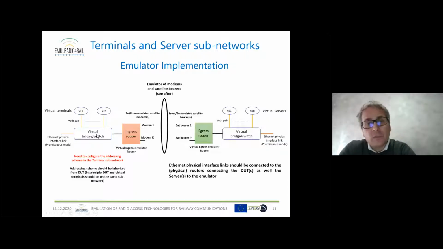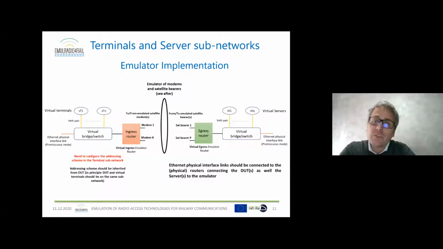They are connected to a virtual bridge or switch, also using Ethernet physical interfaces on the left with eventually other equipment. These virtual terminals are connected on the right to the ingress router, able to be connected to different modems, modem 1 to modem K, for example, one modem for each satellite bearer.